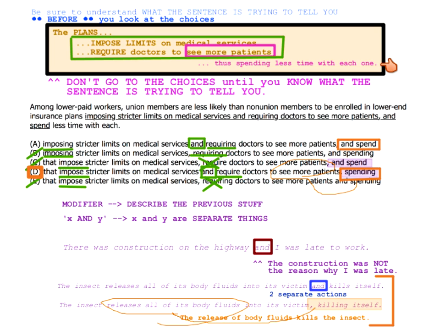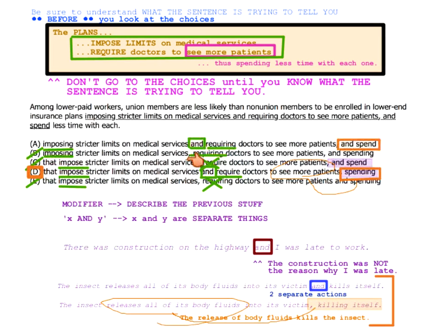So it doesn't matter how much time it takes because you have to do it. But also, the more important thing is that it's the most efficient thing, right? If you have this all figured out, then you know what a lot of structural aspects will have to look like. Like here, we know for sure that there has to be some form of impose and some form of require, and only 2 of the 5 choices even have.